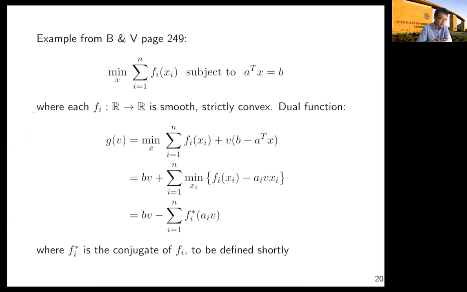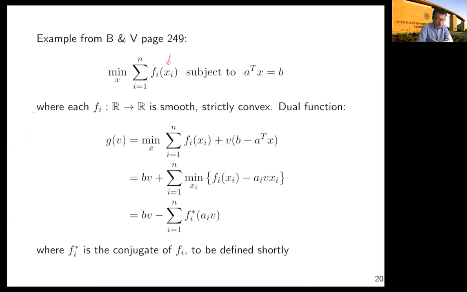Let's consider this problem where the objective function decomposes into f_i's, but moreover it also decomposes across coordinates. The parameters can be partitioned into x_1 to x_n.